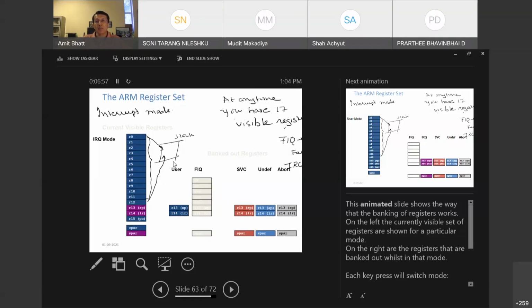But FIQ is supposed to be a VIP interrupt, so you want to execute it very fast, faster than any other interrupt. So you say, okay, I will service this interrupt in only 8 cycles, because it has to save only R0 to R7. I don't have to save R8 to R12 in case I've got a fast interrupt.